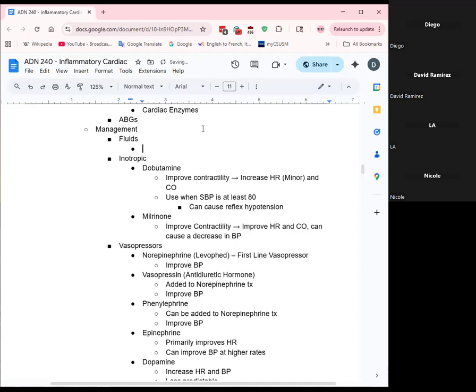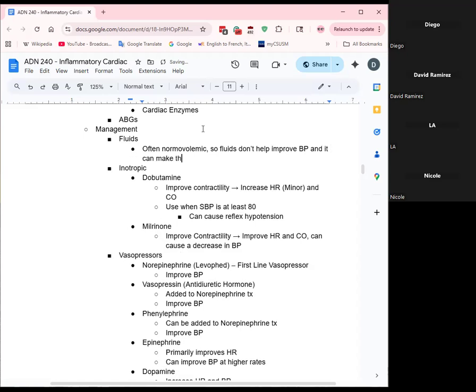So you don't necessarily want fluid. Often they're going to be normovolemic, meaning that they're hypotensive, but they're normovolemic. So they have typically a normal amount of fluid, so they don't need fluids. But fluids don't help improve blood pressure, and it makes the heart pump failure worse.